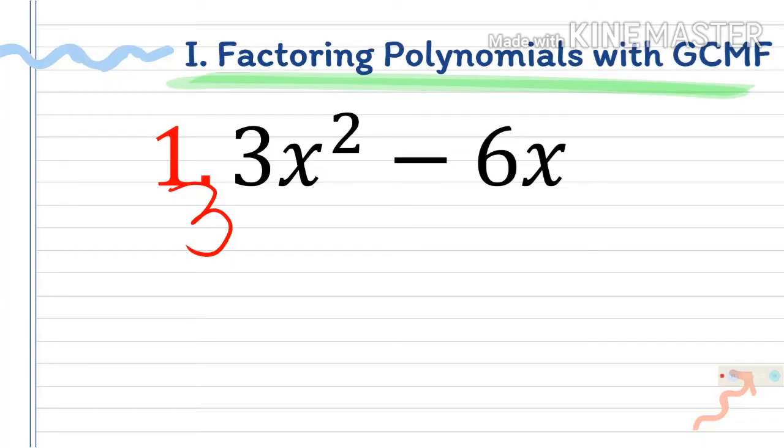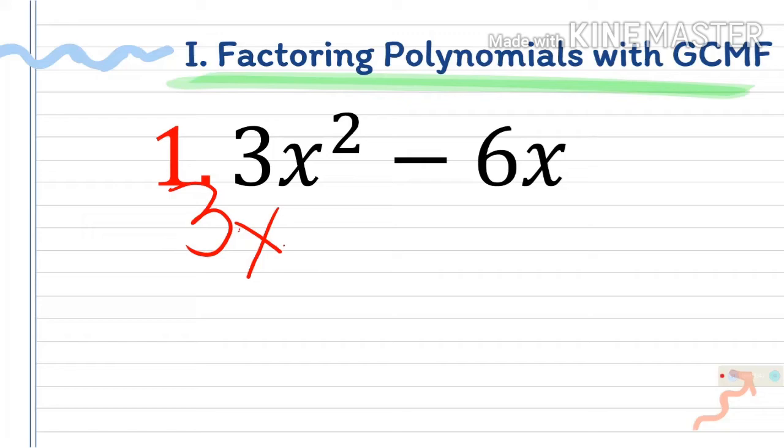So therefore, you are going to use x raised to the first power. Take note that if the exponent is 1, you do not have to write 1 as the exponent. It is understood that you already have your exponent there. So we have here 3x as our GCMF.